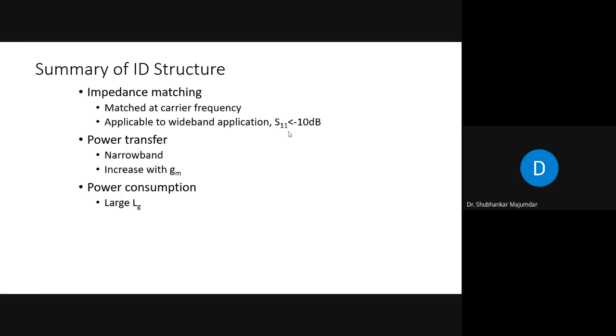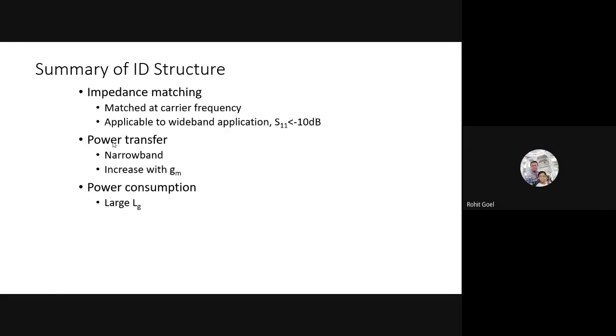It's not like that, because XL is equal to omega L. If you are using LS and also LG, that is the source inductance and the gate inductance, and you are matching it with the gate to source capacitance, it will be matched at a single frequency.